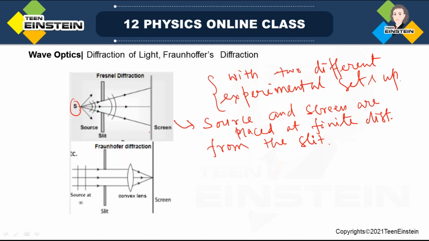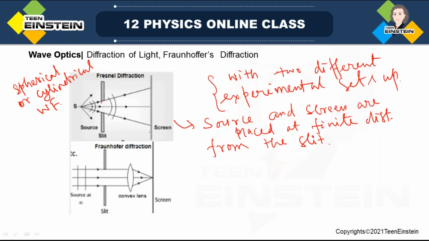So in this case, what happens? The source is nearby this slit. So the light which is coming from the source will be in the form of spherical or cylindrical wavefronts, which will illuminate this slit.